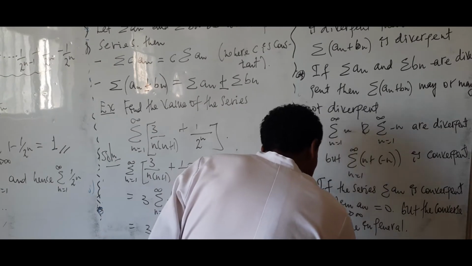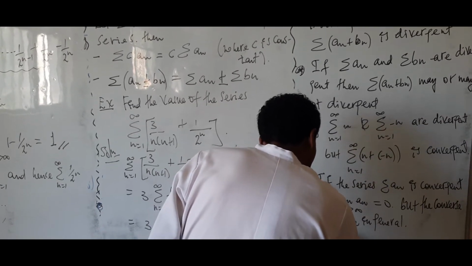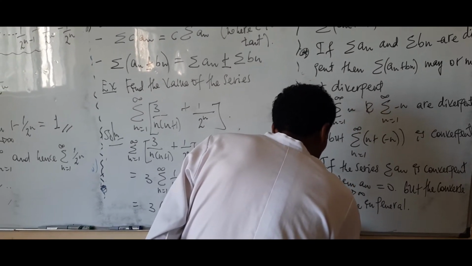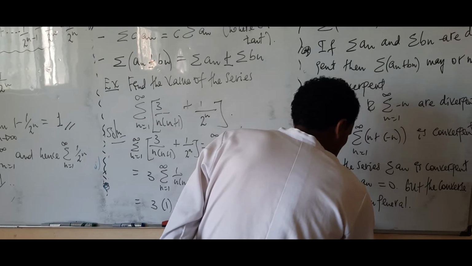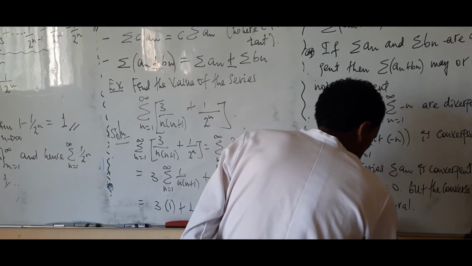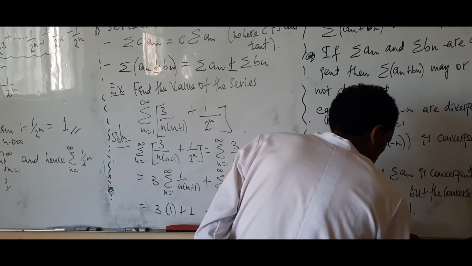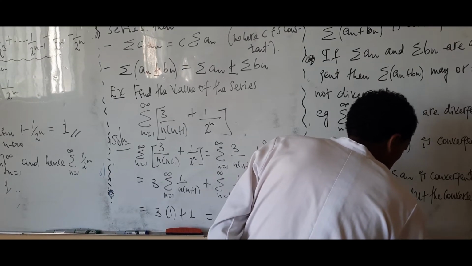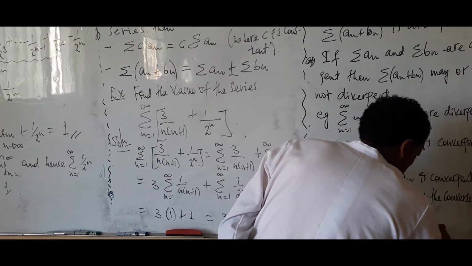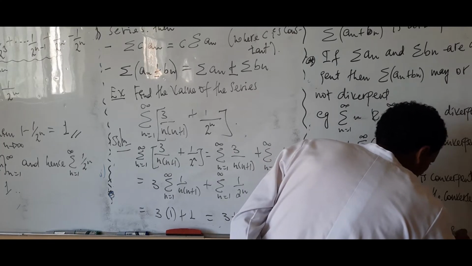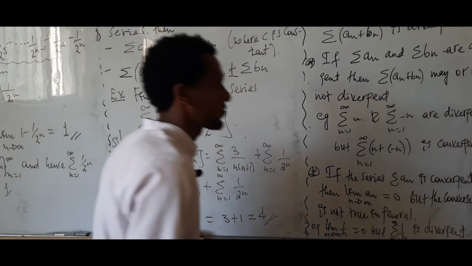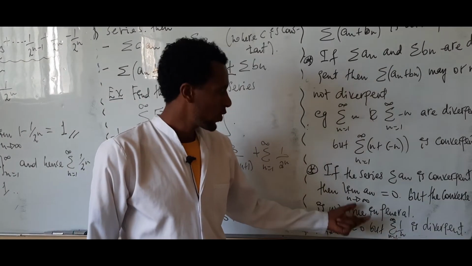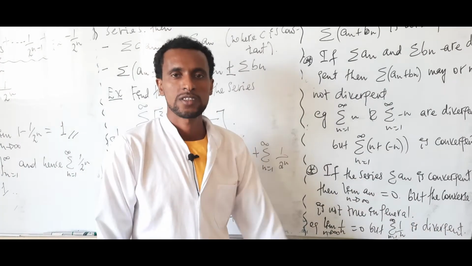For example, the limit of 1 over n as n goes to infinity is equal to 0, but the sum of 1 over n when n starts from 1 to infinity is divergent. This one is divergent, but the limit is 0. So the converse of this theorem is false.